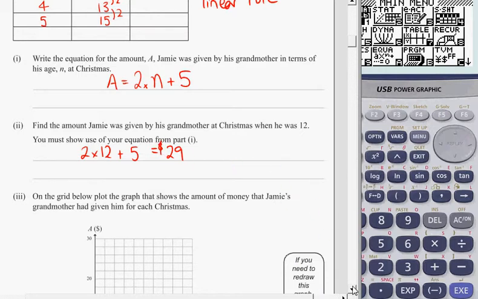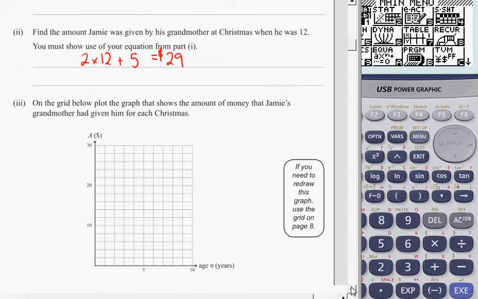Right, on the grid below, we're going to graph the amount of money that has been given. So first year he was given 7. Now let's check the scale. Yeah, it's going up in 2s. 2, 4, 6, 8, 10. So first year, 2, 4, 6, 7. Second year is 9. Third year is 11.